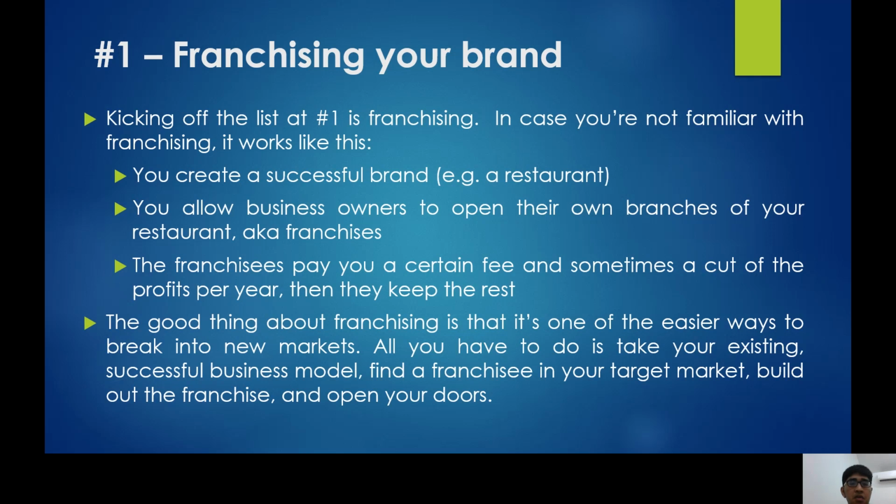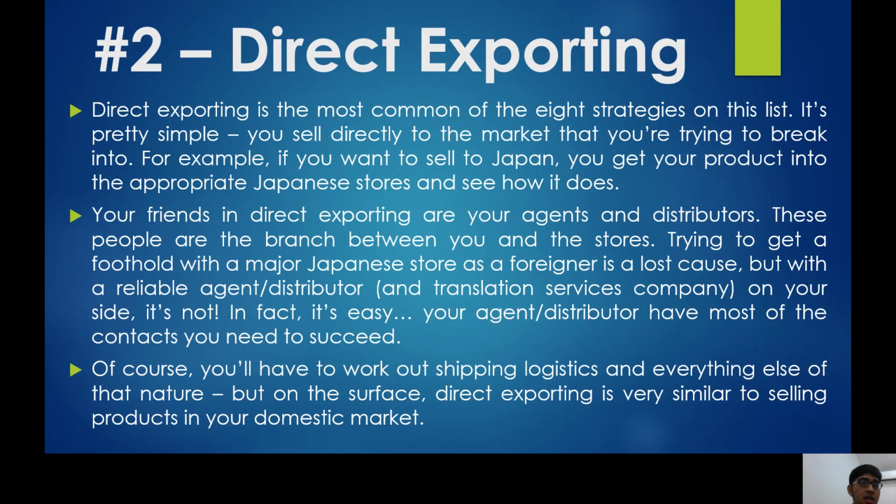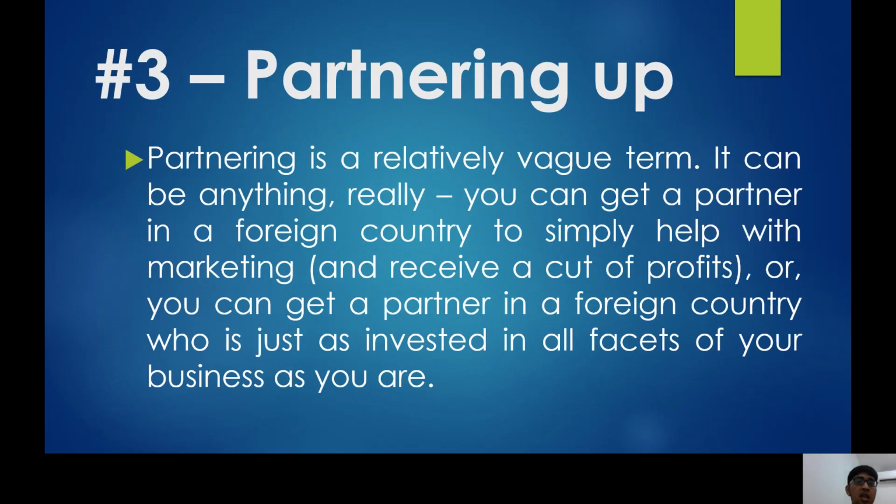So again, you could franchise your brand. So you know what is franchising, similar to Jollibee, 'di ba? Ang different branches of Jollibee is owned by different people. Nagfra-franchise lang sila. And of course, direct exporting, padala mo lang, that's direct exporting. Partnering, similar to what I have said kanina, may partner stores ka lang doon or partner delivery agents.